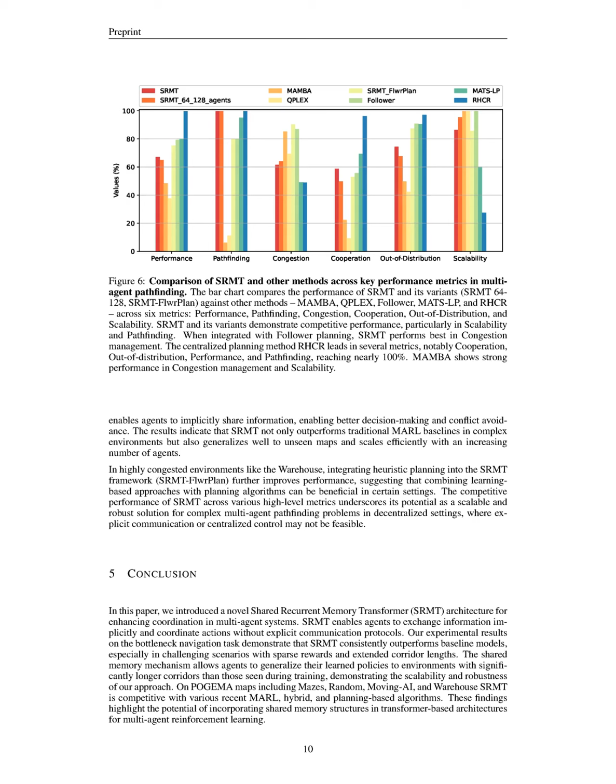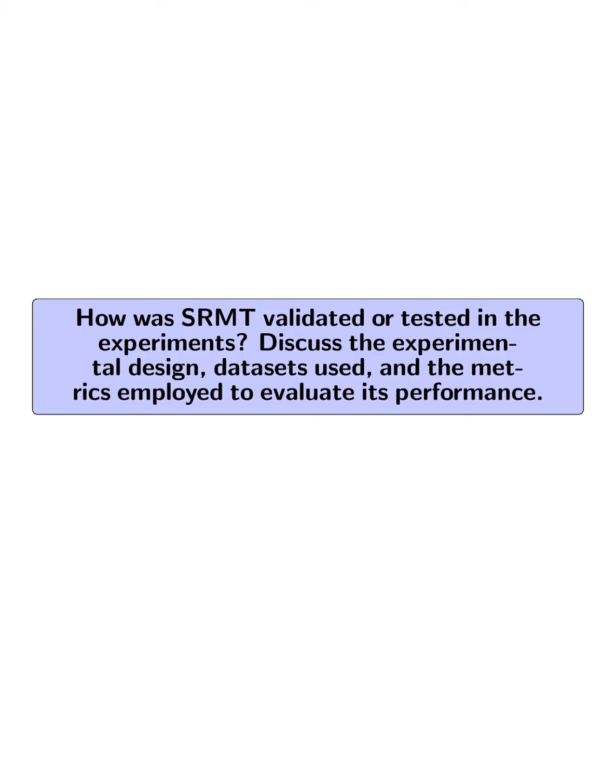Furthermore, SRMT demonstrates robust generalization capabilities, effectively scaling to unseen maps and varying corridor lengths without significant performance degradation, unlike many existing methods that struggle with generalization. This combination of enhanced coordination through shared memory and strong generalization abilities positions SRMT as a competitive solution for decentralized multi-agent pathfinding problems.